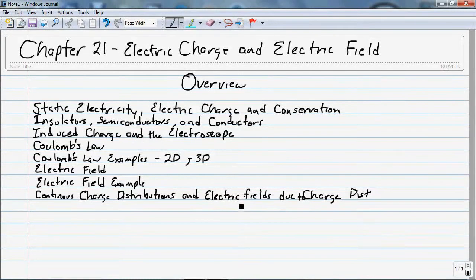And we'll be doing examples in 2 dimensions and 3 dimensions. We'll talk about field lines and field lines in the presence of conductors.